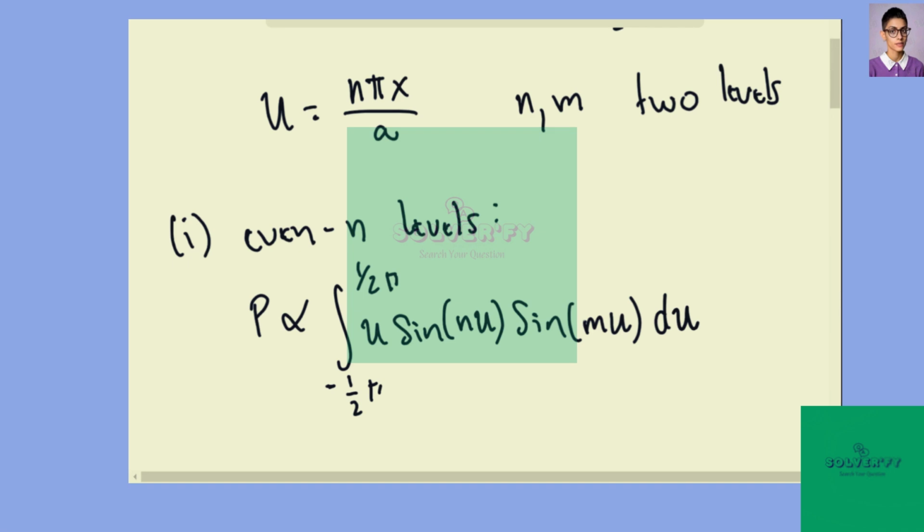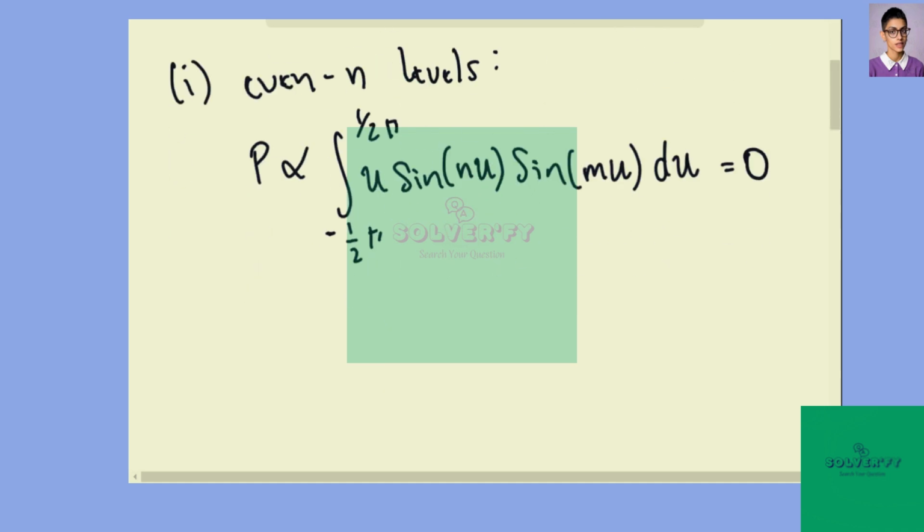So in this case, as you can see, we have the sine function in an interval that is not symmetric. So with that, we will obtain that this is simply equal to 0, since the integrand in here is odd. Now, for the second case, we're going to have the transitions between odd levels.